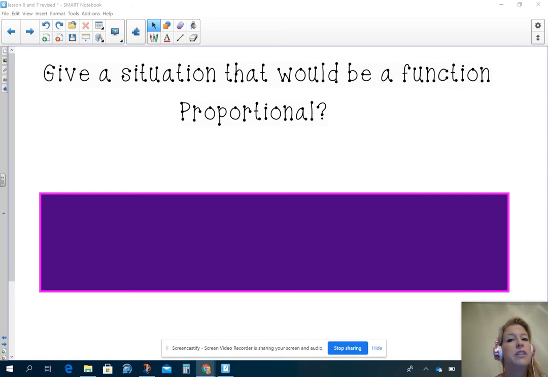Think about a situation that's a function and then ask yourself, is it proportional? Does it move the same every time and there's no initial value? That's proportional, because like with the miles, if we didn't run, we weren't going to burn any calories. So pause my video and answer this question in your notebook. Go.